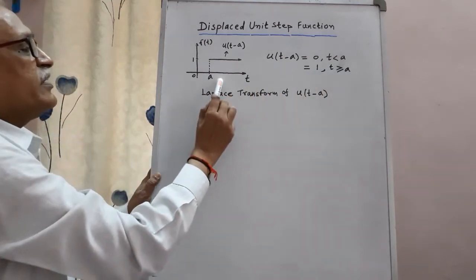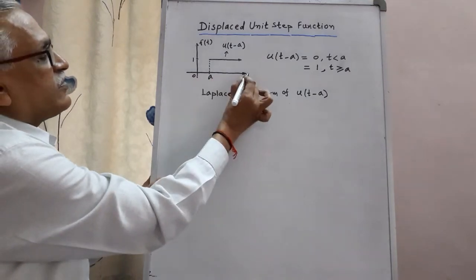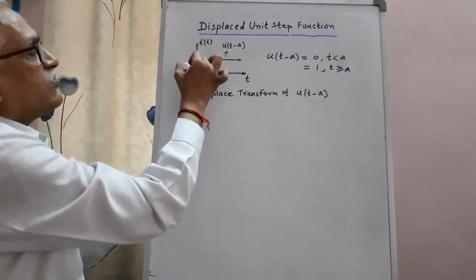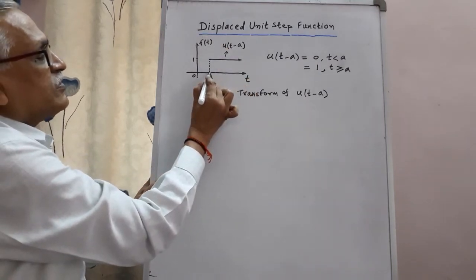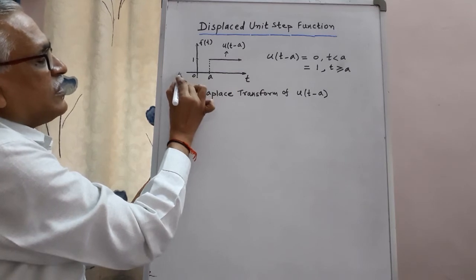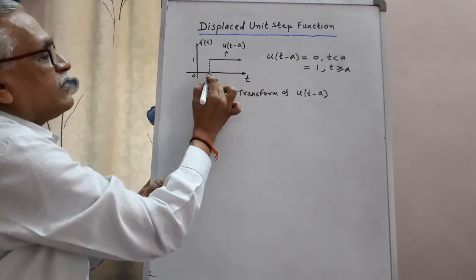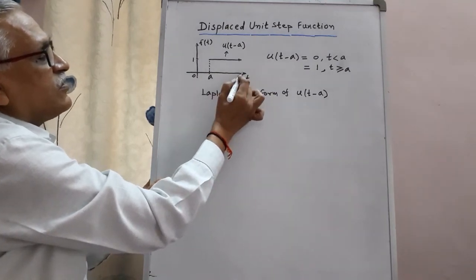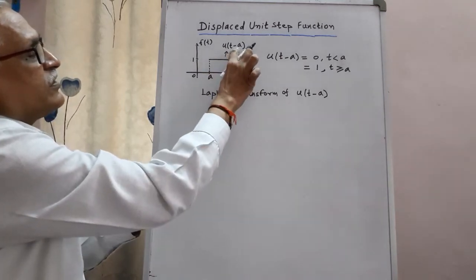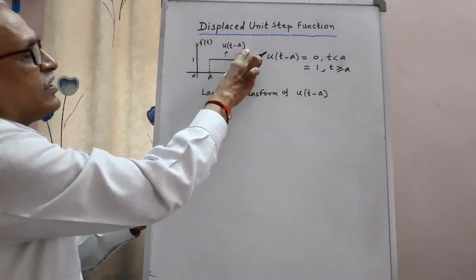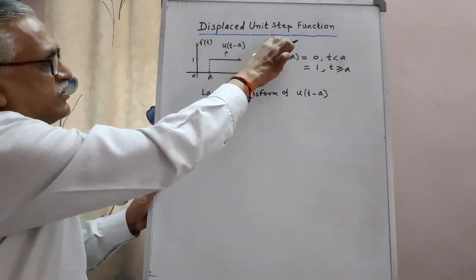The same we can represent in terms of a figure. On the x-axis we take the values of t, on the y-axis we take the values of f of t. The value of this function towards the left of a is 0, and towards the right of a, or a onwards, its value is 1, and that function is denoted as U of t minus a or H of t minus a, known as the displaced unit step function.